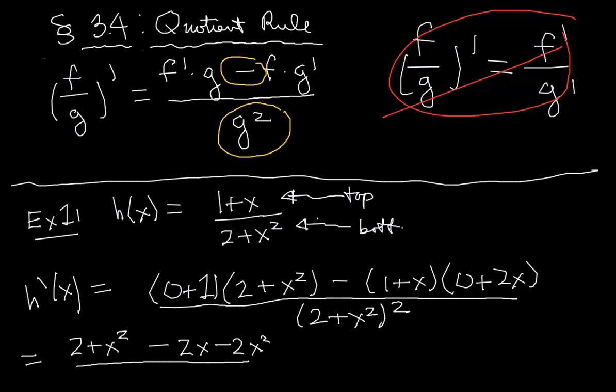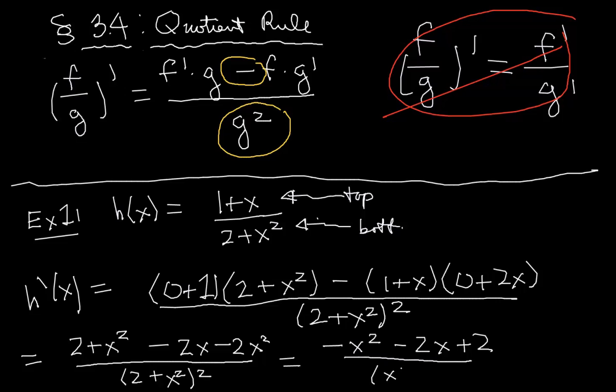And then over 2 plus x squared squared. If we clean the top up, we get x squared minus 2x squared, that's negative x squared, minus 2x plus 2. And again, over x squared plus 2 squared. And so that's the final answer.